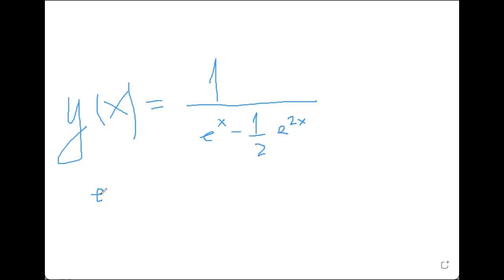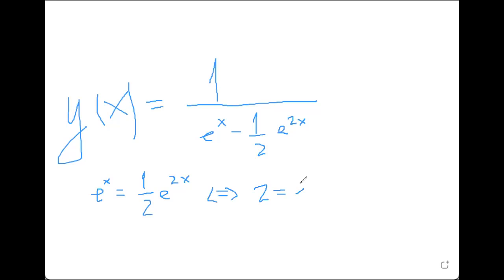e to the x minus 1/2 e to the 2x. Actually, let's skip this step. e to the x is equal to 1/2 e to the 2x is equivalent to 2 is equal to e to the power x.